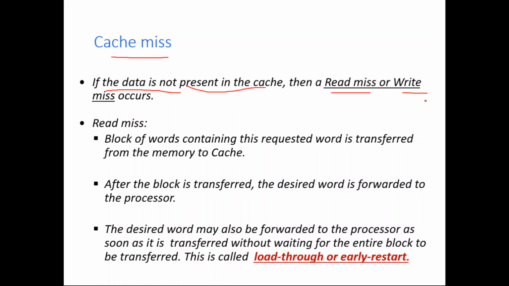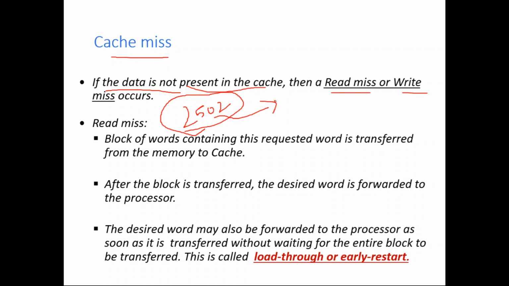Say the processor says that I want the content of the location 2502. Now the memory control circuitry will take over, and it will check whether the instruction or the data corresponding to this address is available in the cache memory or not. First it will check that.